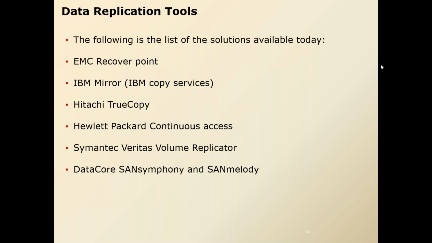But GoldenGate is a real-time solution tool, and it can apply the data from source database to target database in real time. We'll discuss integrated capture and classic capture going forward. That part will be clear to you once we move forward.